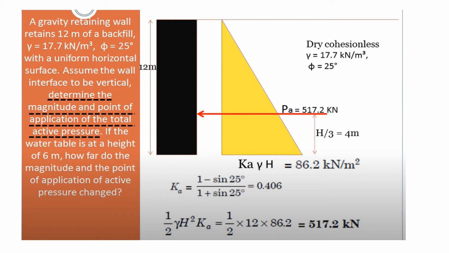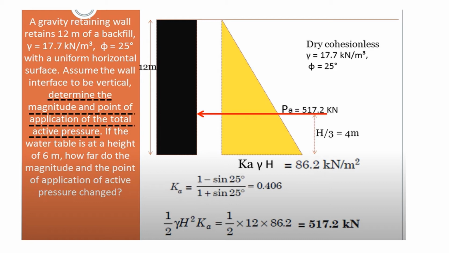After drawing this pressure distribution diagram, that is, the base of this triangle value as Ka gamma H, in order to find the active force, we have to find the area of this pressure distribution diagram. The area of the triangle is half base into height, and therefore 1 by 2 into gamma H square into Ka will be the active force acting on the retaining wall.